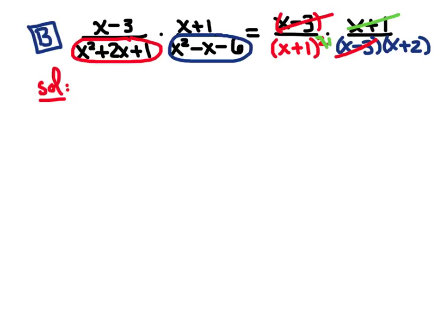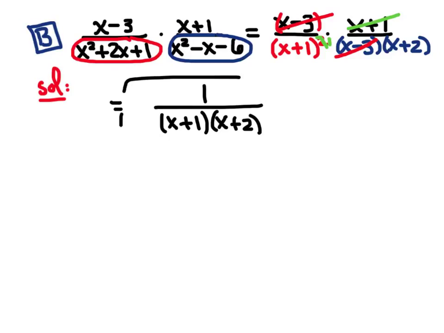So the exponent now would just be a 1. So one of those factors cancels with the factor in the numerator. And so what we're left with is a 1 on top. There's no x's left on top. And then an x plus 1 and an x plus 2 in our denominator. These are the lowest terms for the product we got from multiplying these two rational expressions.